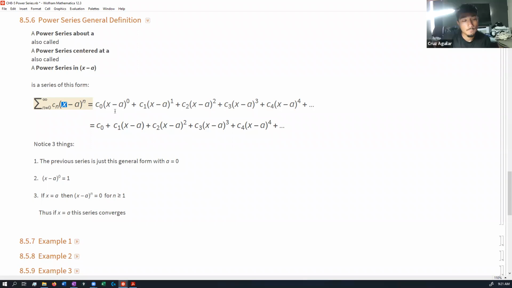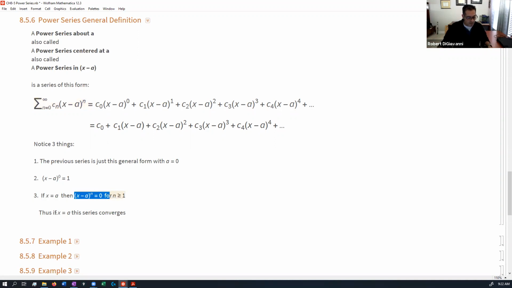Then wouldn't it converge? It would converge, because you're adding up a bunch of zeros. So if x equals a, then these are 0. Thus, if x equals a, the series converges. That means every power series out there, every single one of them, will converge if x equals a.